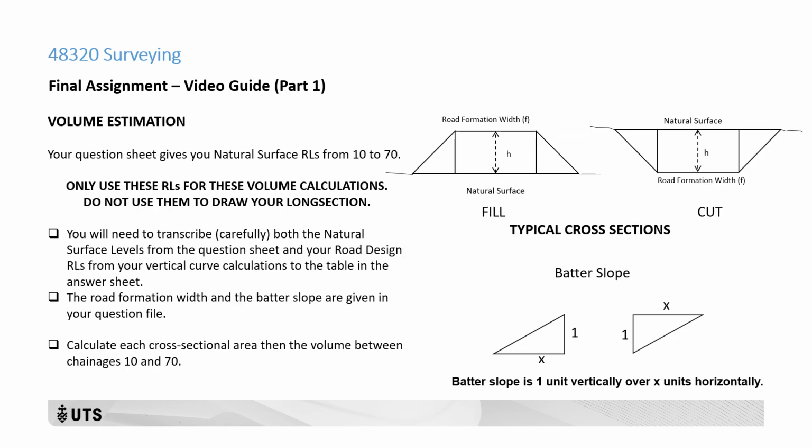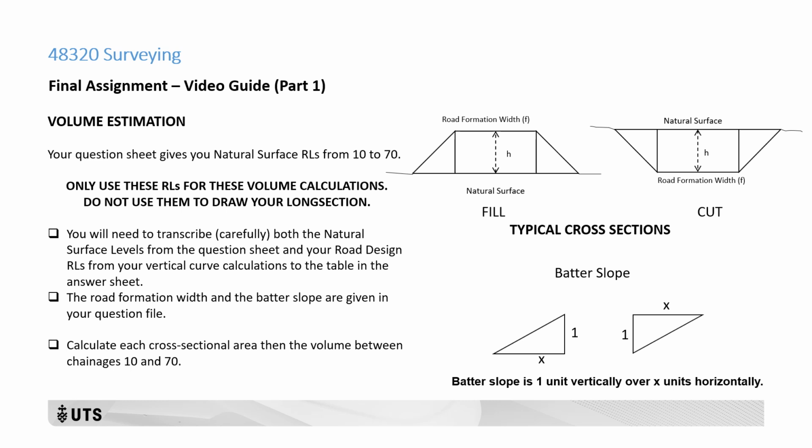One final part of the assessment asks you to do some estimation of volumes between changes 10 and 70 on your road. Your data sheet gives you some RLs for the changes 10 to 70. Let's say the survey party started out there marking out the 10 metre intervals, got that section level, then heavy rain came in.